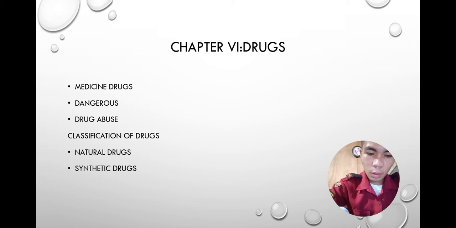All medicines are drugs, but not all drugs are medicines. Medicinal drugs are substances which, when taken into a human body, cure illness and relieve signs and symptoms of disease.